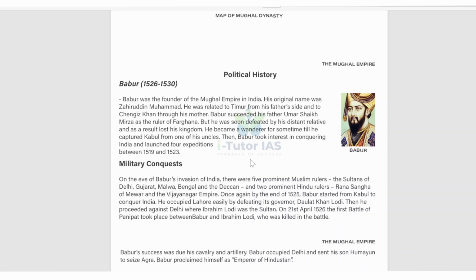Babur succeeded his father Umar Shaikh Mirza as the ruler of Farghana, but he was soon defeated by his distant relative and as a result lost his kingdom. He became a wanderer for some time till he captured Kabul from one of his uncles, and then Babur took interest in conquering India and launched four expeditions between 1519 and 1523.